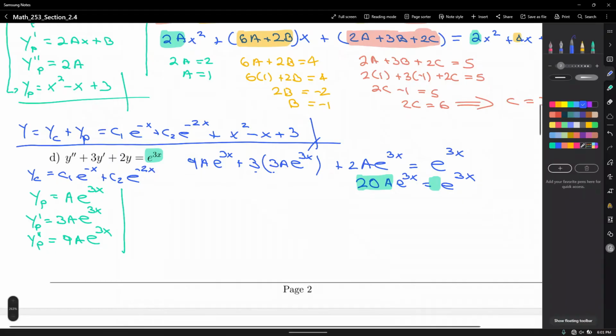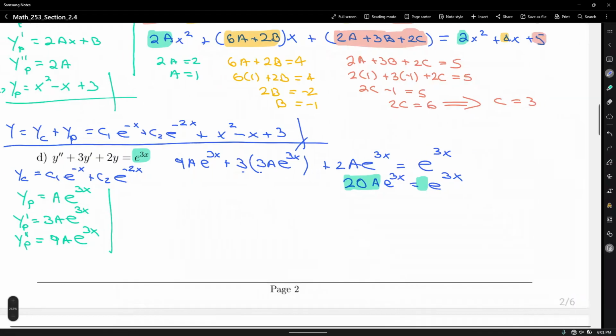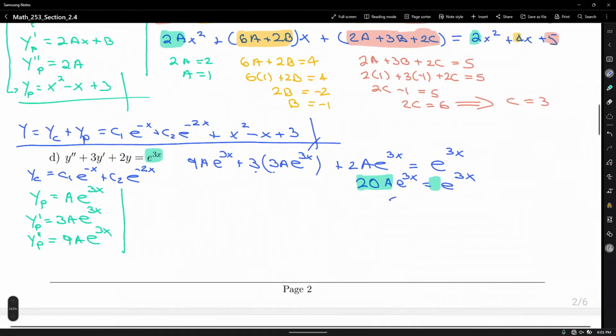So I know there's not a 1 in there, but it's there in spirit. So I'm summoning the spirit by highlighting it. So 20a equals 1. That means a equals 1 over 20. So only one coefficient with an exponential for this one, not like the previous one, the quadratic, which was kind of an interesting one to do.